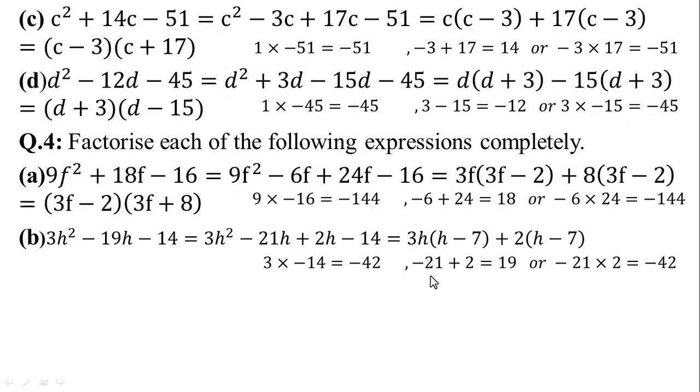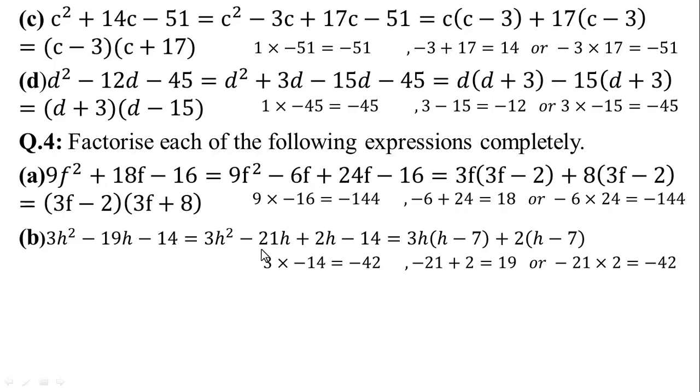Here minus 21 plus 2 answer is minus 19 and minus 21 multiplied by 2 answer is minus 42. So we can divide minus 19 into two parts, 3h square minus 21h plus 2h minus 14.